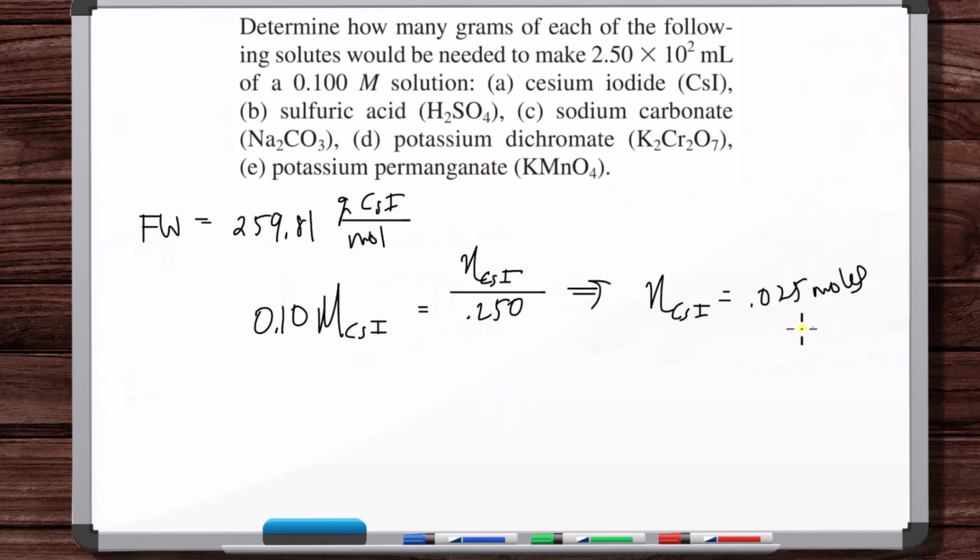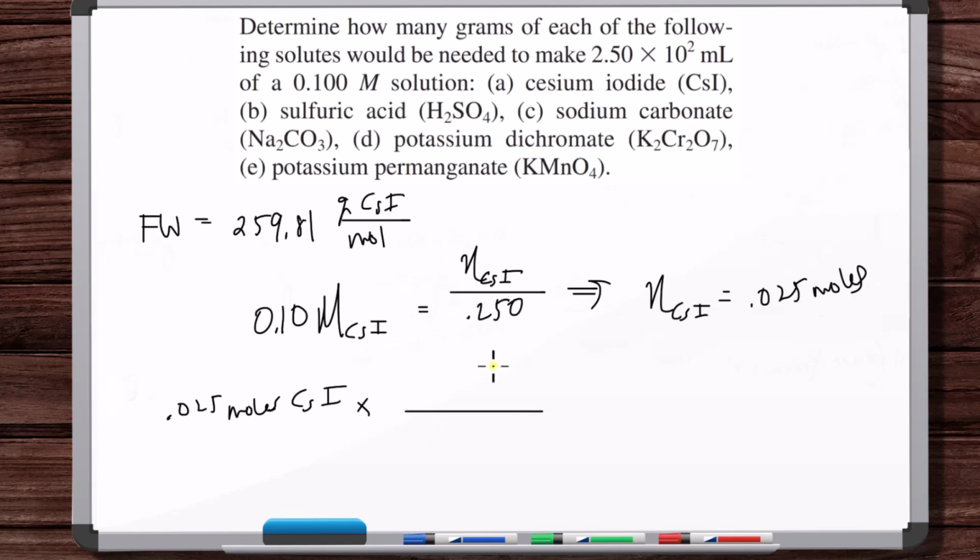Okay, so now we just need to convert this to grams. We have the amount of cesium iodide dissolved, but it's just in the units of moles. So how many grams is that, if you have 0.025 moles of cesium iodide?